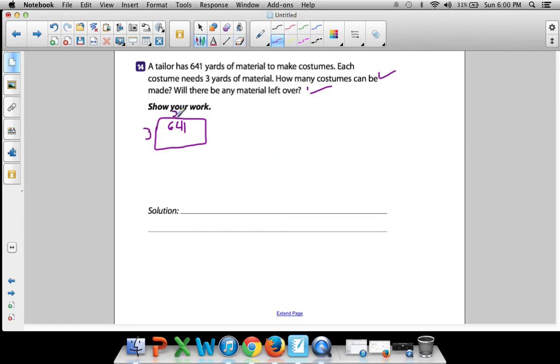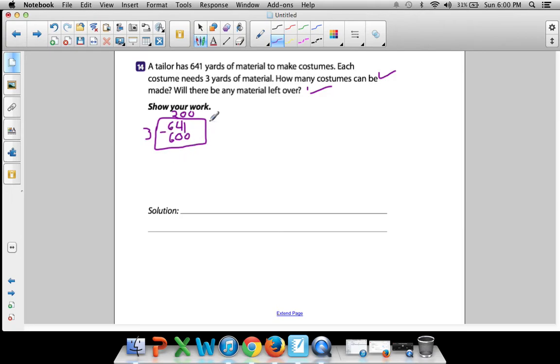And then you go, wait. That's not big enough. This is 3 digits. This is 2 digits. We'll just add 1 more 0. So 3 times 200 is 600.